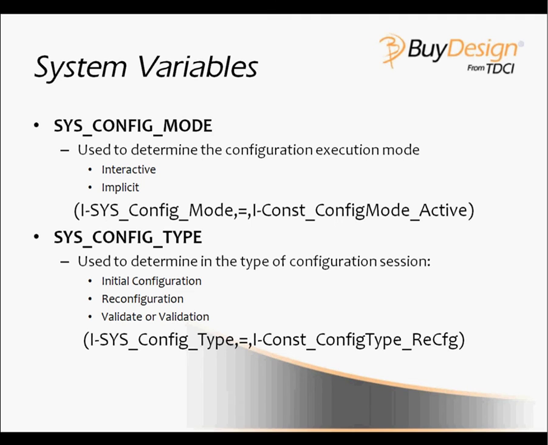So I want to suppress that dynamic default because I want to use the user selected. So if you look at my expression I have written there, the sys config type equals the constant config type reconfig. I'm doing an evaluation, a true-false statement there. Do I want to execute a particular rule if I'm in reconfiguration mode?